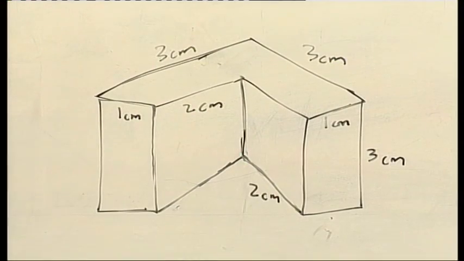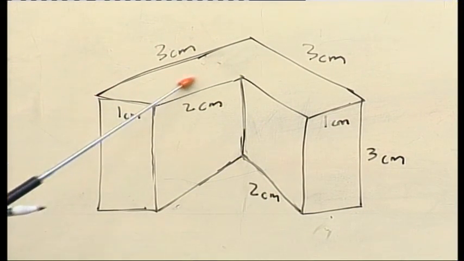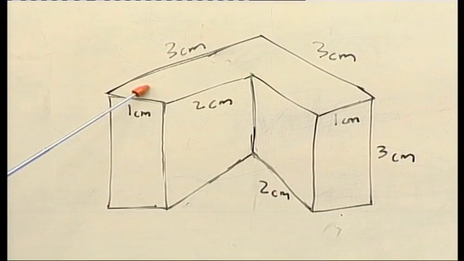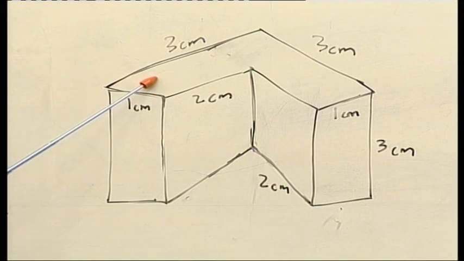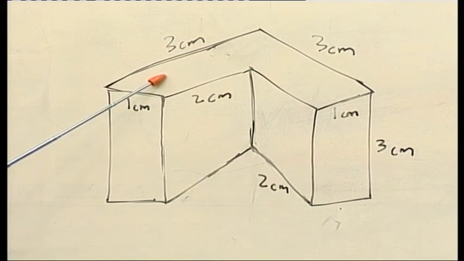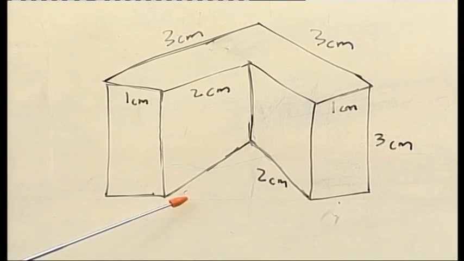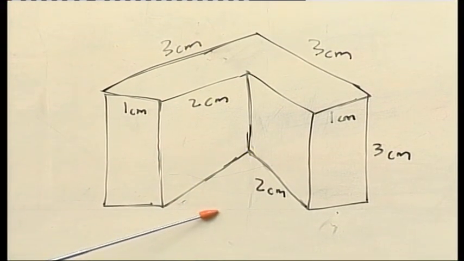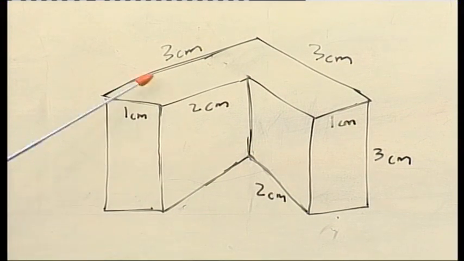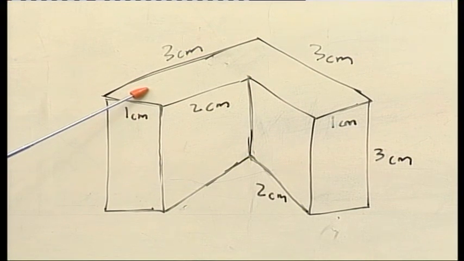Now, if you look at the prism here, this part of the prism is the area of the base. If we consider this as the area of the base, the top of the prism, then we have also another base which is at the bottom of the prism. Looking at this shape here, you can divide this shape into how many rectangles?